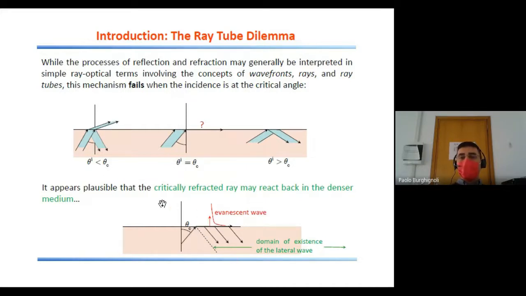We will see that this is actually the case, and to find a rigorous foundation for this kind of prediction, let us come back to our analytical representation of the fields in terms of spectral integrals.